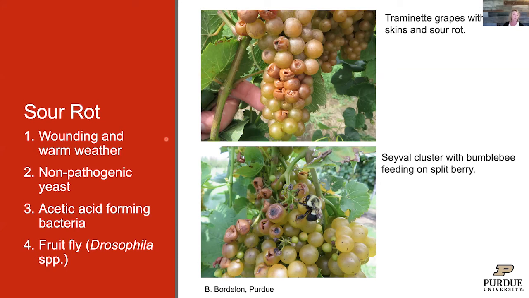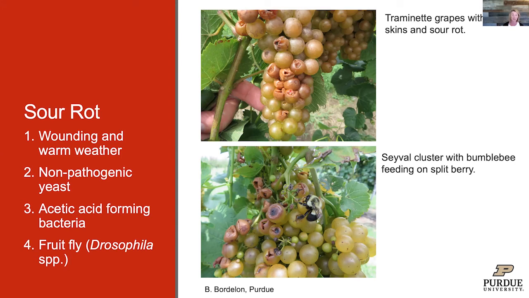That will help you distinguish it from something like botrytis that can often appear like this, like these browning or bruising of the grapes early on, as well as black rot early on can have this browning, bruising-like appearance.